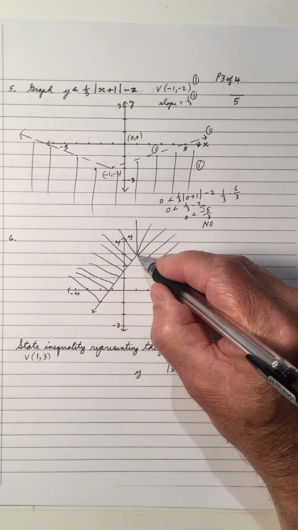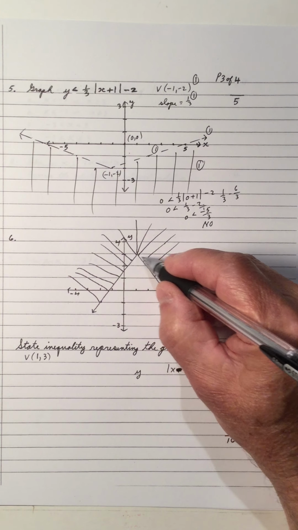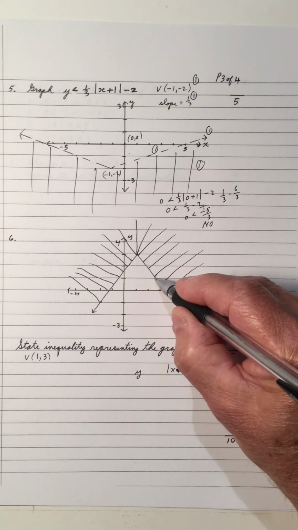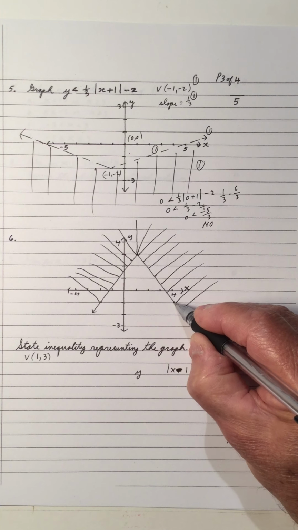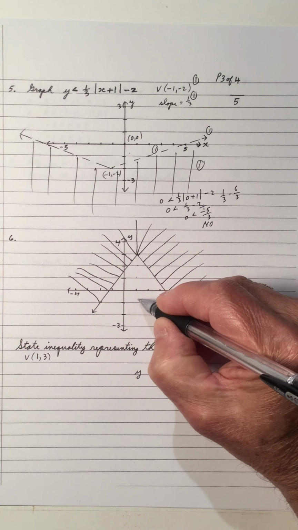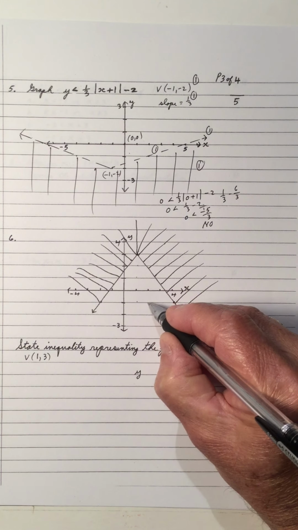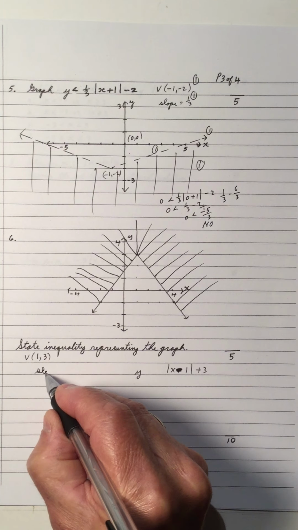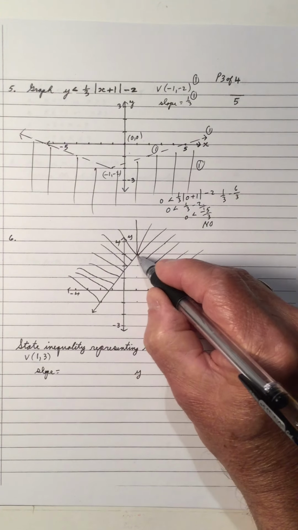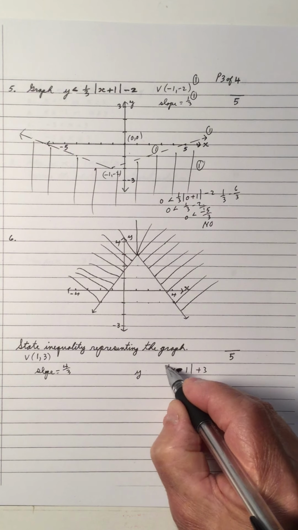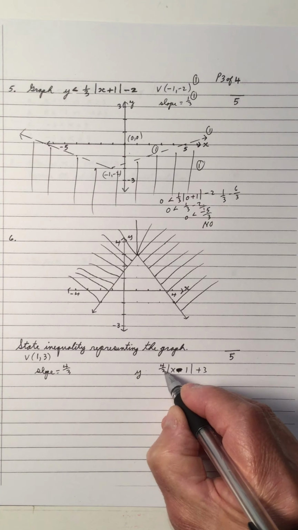And what's the slope? So we're going from one good point, here. Where's another good point? The other good point is right here. So that means we're going 1, 2, 3, 4, and 1, 2, 3. So the slope is 4 over 3. And the slope is the a value.